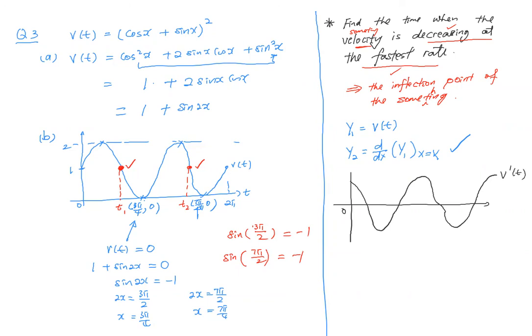Okay, so look. You are supposed to get this one. This is equivalent to your T1, and this is your T2. Okay, can you tell me what is your T1?